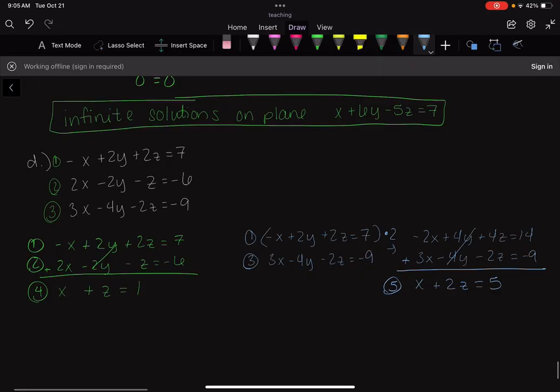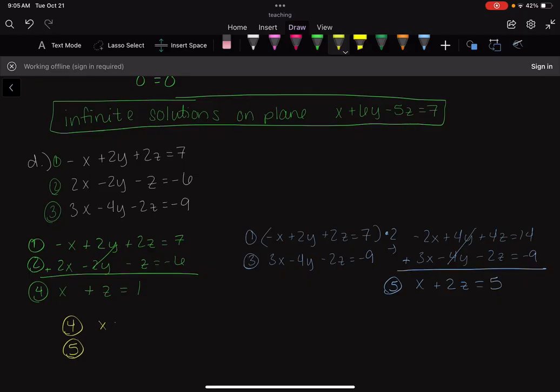Now I can put these two together, 4 and 5, and cancel out another variable. So I have x plus z equals 1, x plus 2z equals 5. We can cancel out the x's pretty easily if I just multiply one of them by negative 1. So I'll do that to the top.